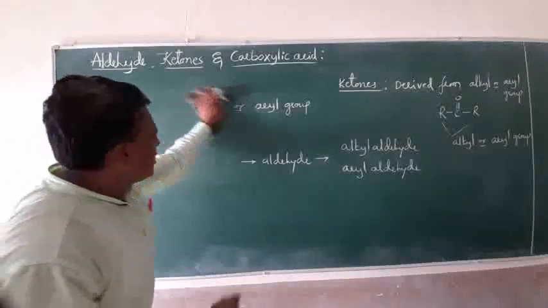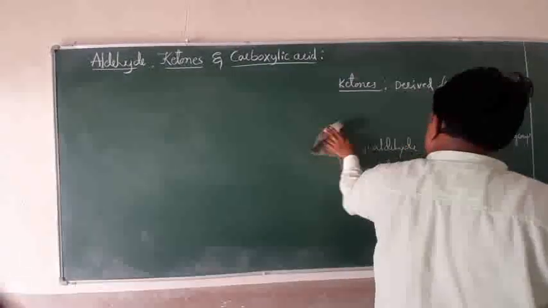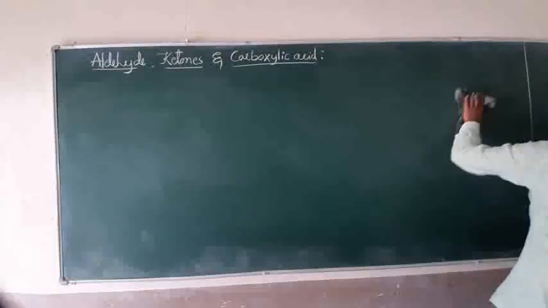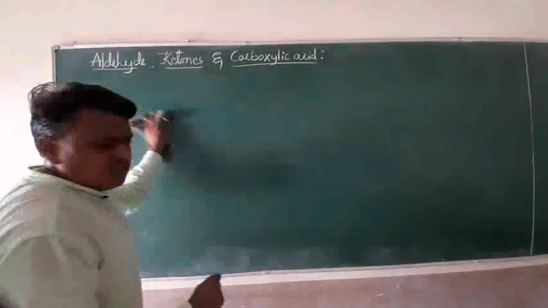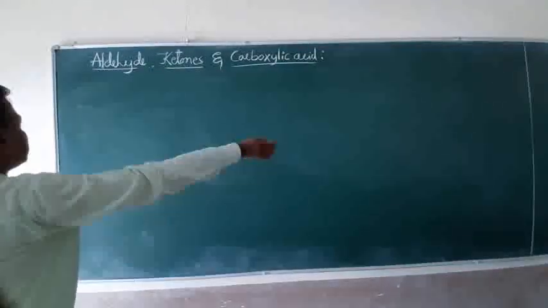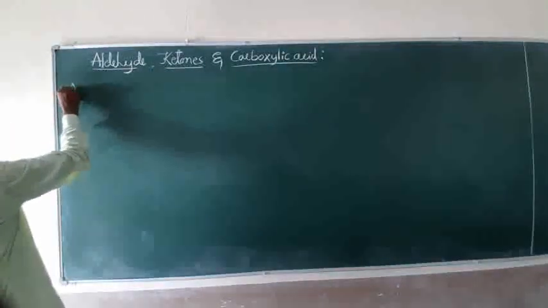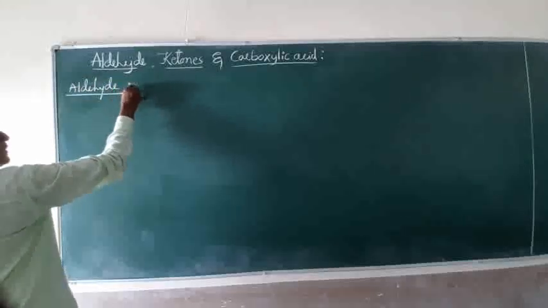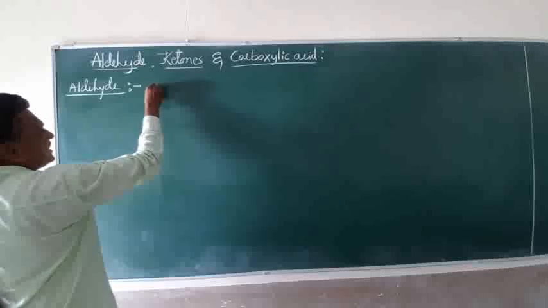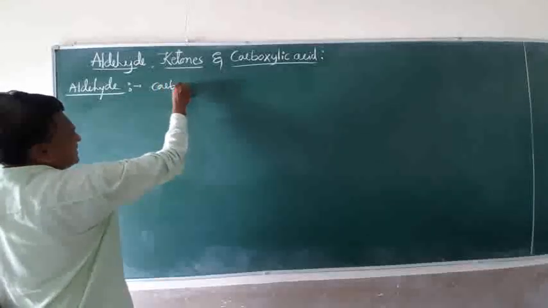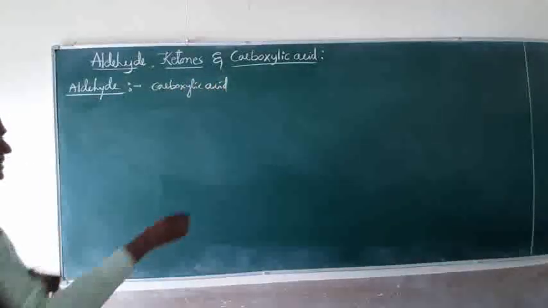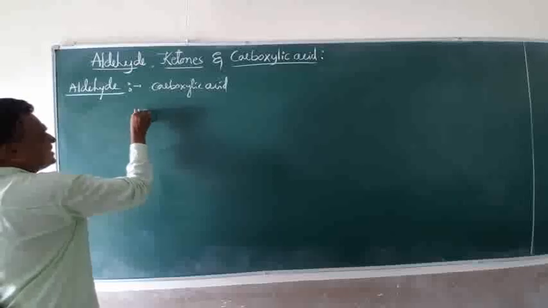And now we want the nomenclature of these aldehydes. In nomenclature, the aldehydes are derived from the corresponding carboxylic acid groups, so it is very simple. We have a very simple example as mentioned in our syllabus, HCOOH.